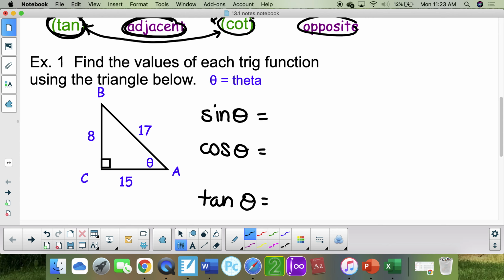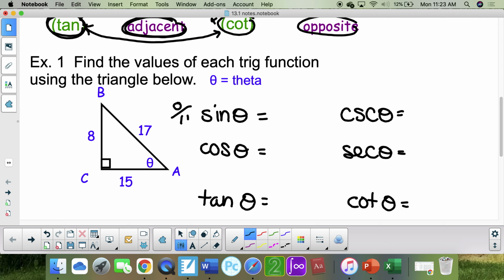You also have to name the reciprocal of sine, which is cosecant, the reciprocal of cosine, which is secant, and the reciprocal of tangent, which is cotangent. Sine, I'm just going to put SOH, CAH, TOA. So that's the formula.